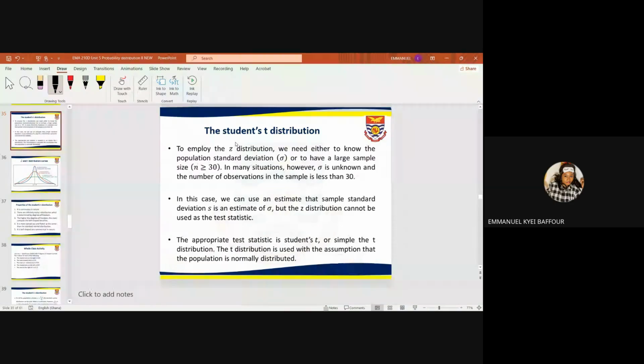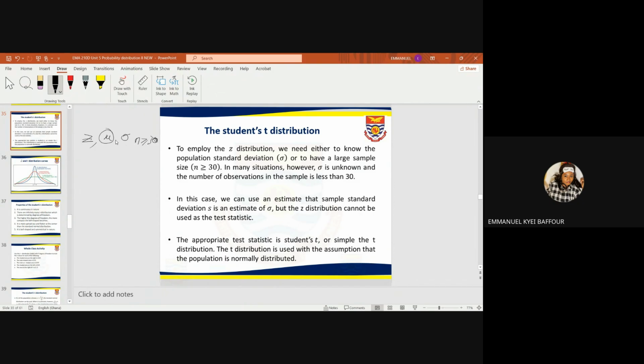For the Z distribution that we have been dealing with, the population mean, which is mu, is always known. The population standard deviation, sigma, is always known. And the sample size has always been greater than or equal to 30.